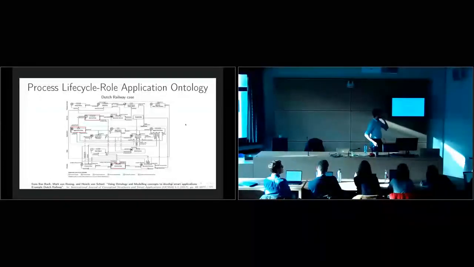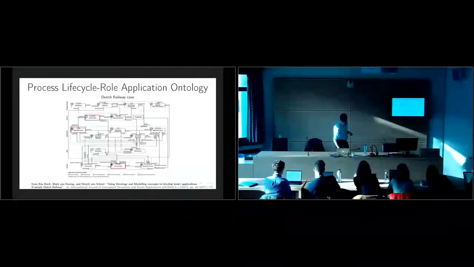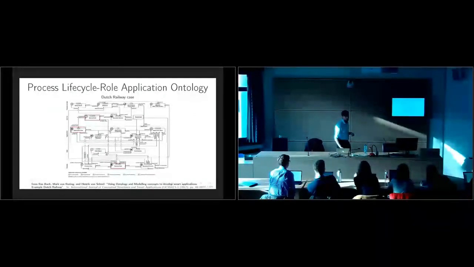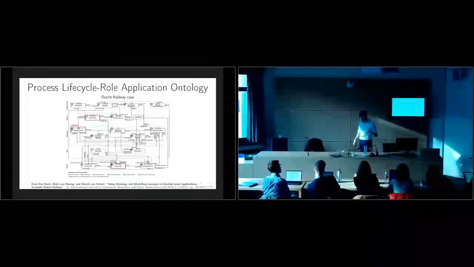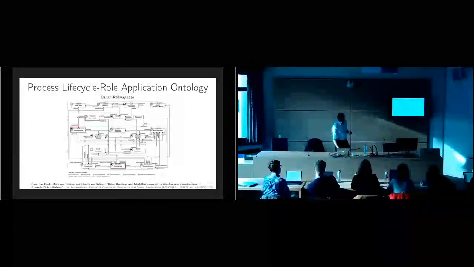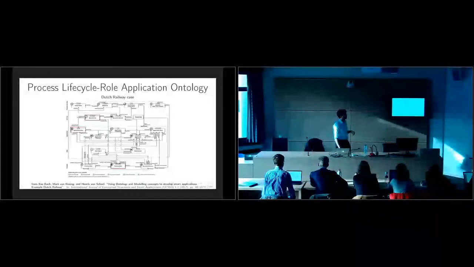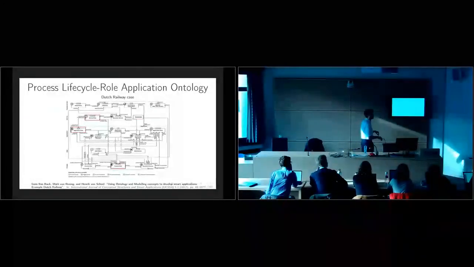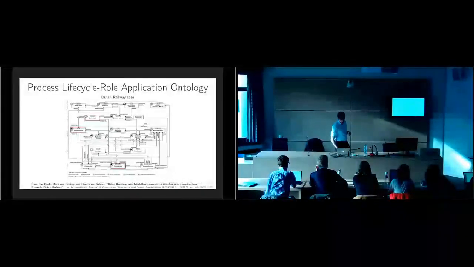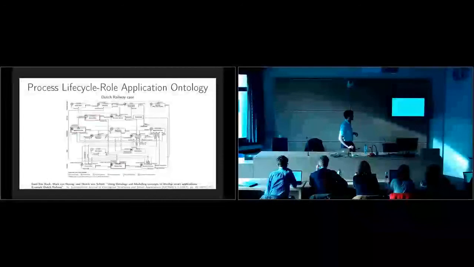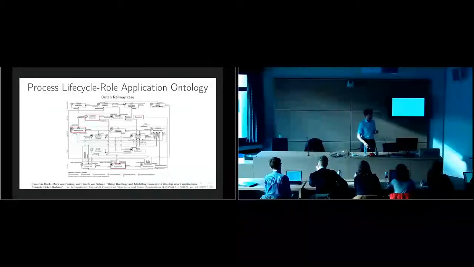We also see numbers here on top of the boxes. So 1, 2, 3, 4, 5, 6. Those relate to a task ontology. Of course, the task element is not visualized very clearly here because this is, let's say, a domain view on the application ontology. So the domain concepts are dominant. But here at the bottom you have a legend that says, in our process lifecycle, we have different concepts.